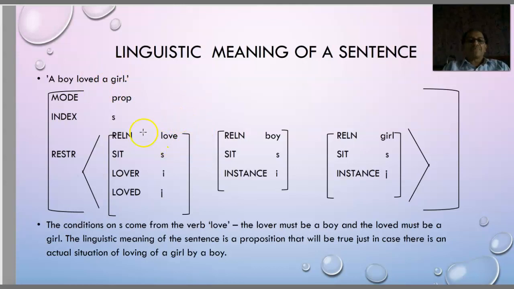So anyway, what we see here is the conditions on S. What is S? The situation love, which comes from the verb love. The lover must be a boy and the loved must be a girl. The linguistic meaning of the sentence is a proposition.